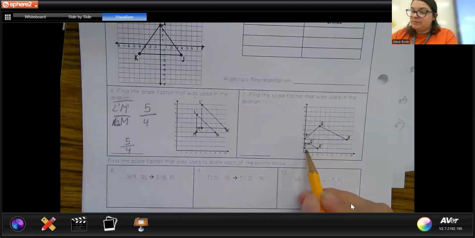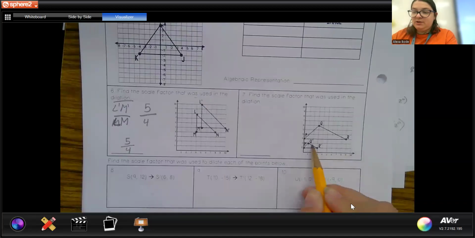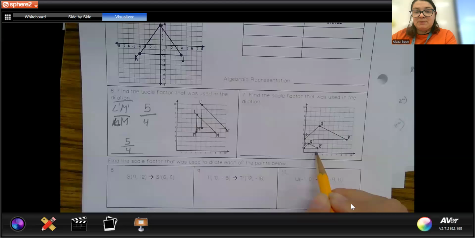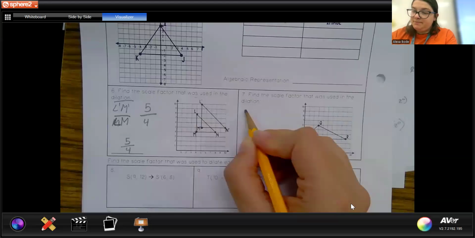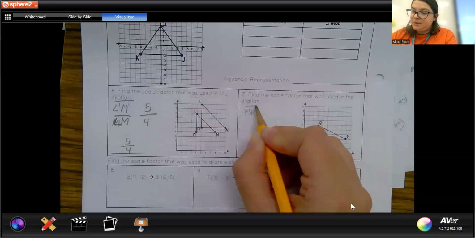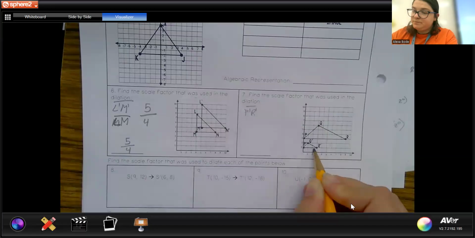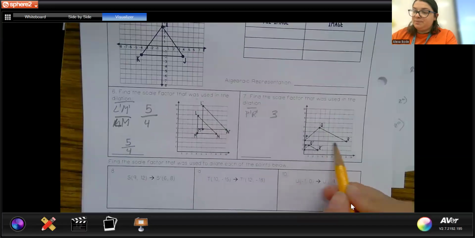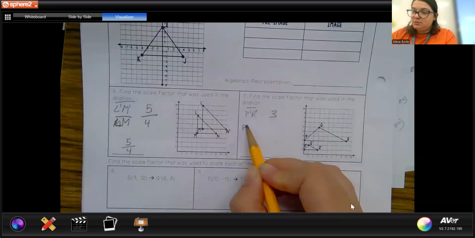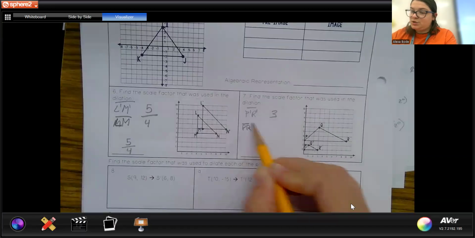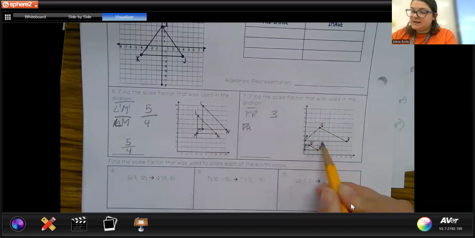Same thing with this one. I'm looking at my side length down here. I'm looking at the horizontal one because I don't want to do diagonals. Diagonals will mess us up. So my P prime R prime has a side length of 1, 2, 3, where the original PR had a side length of 1, 2, 3, 4, 5, 6, 7.